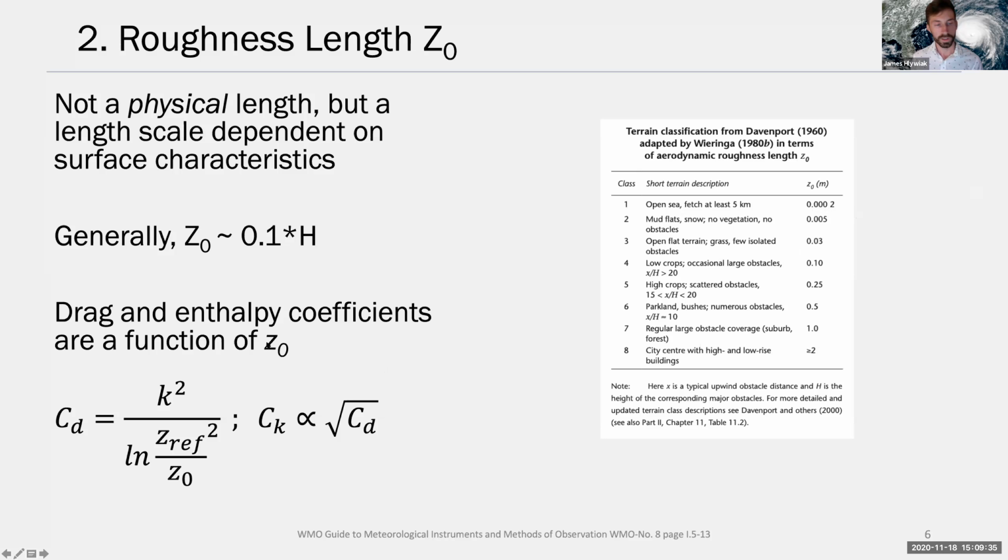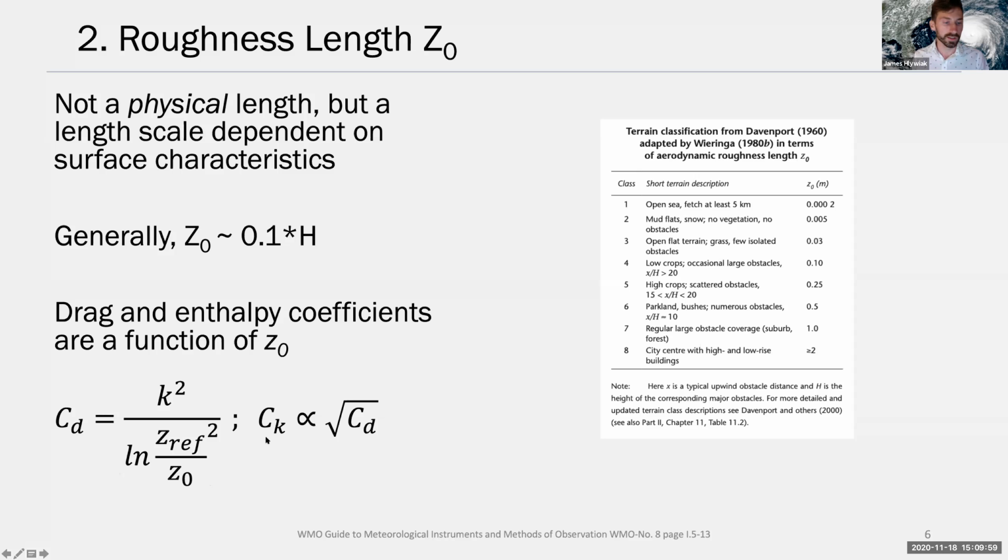The drag and enthalpy coefficients that I talked about a couple slides ago are both a function of z_0. So z_0 really plays a huge role in characterizing the turbulent fluxes between the surface and the atmosphere. C_D is directly proportional to z_0, meaning as you increase the roughness, this drag coefficient is going to increase.